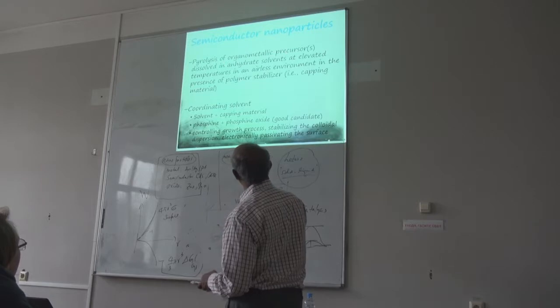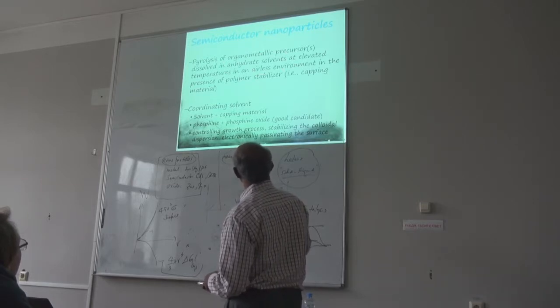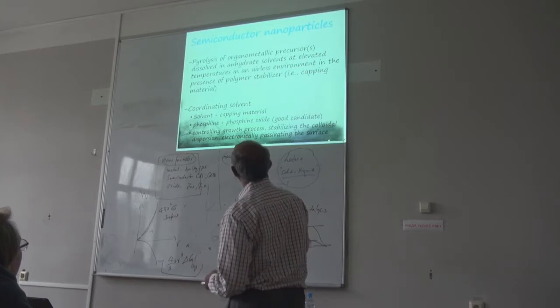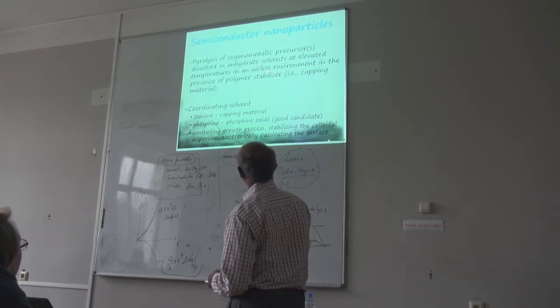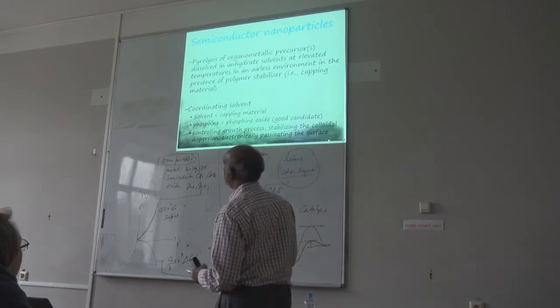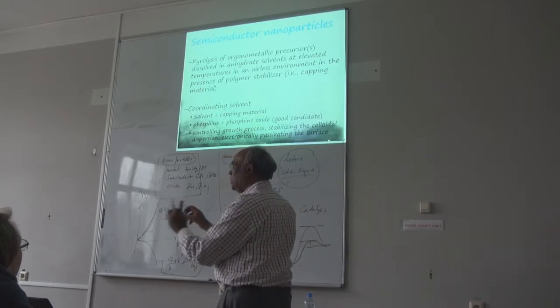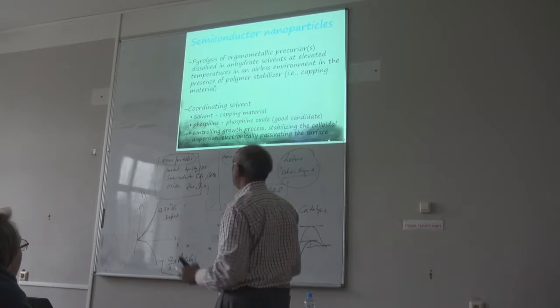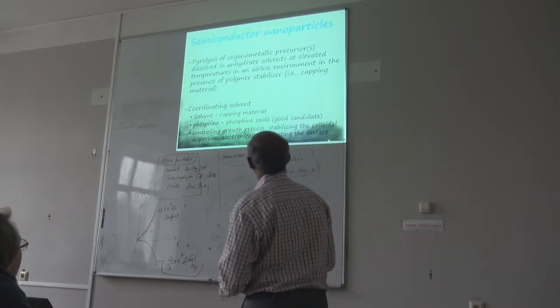Then you dissolve that in some solvent and heat it in an inert atmosphere. Sometimes you have to use some kind of stabilizer. Always you have to have a stabilizer to keep it from agglomerating.